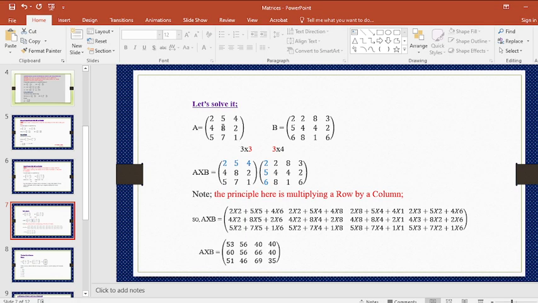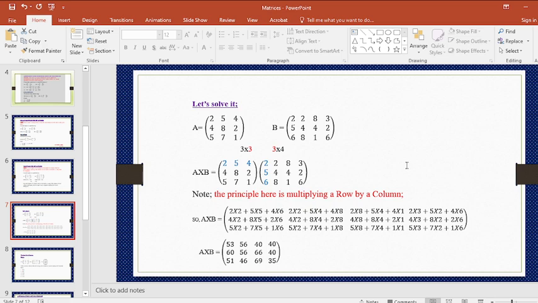We have matrix A according to those figures, the way you're seeing them, and the B. Now there is a problem here. Some of the people don't know how to multiply matrices. But the principle in the multiplication of matrices is that we multiply a row by a column, and every row must multiply every column.